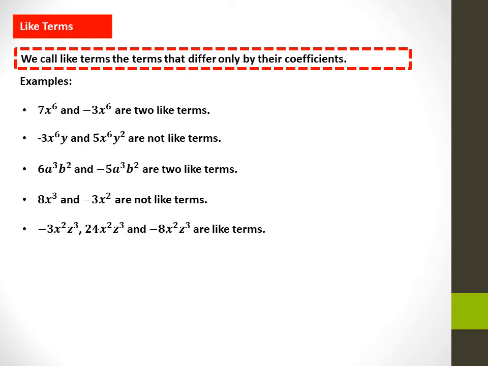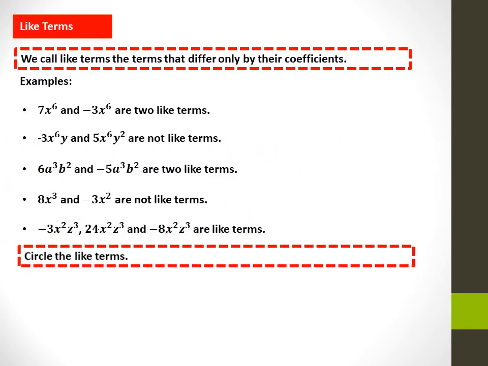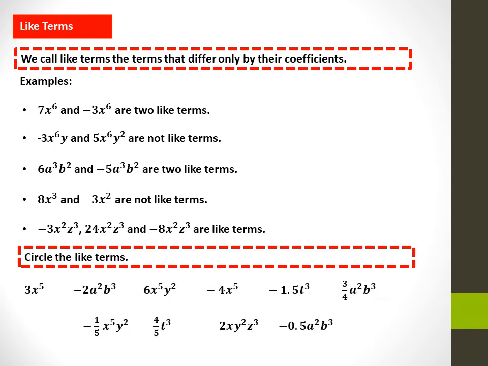Negative 3x to the power of 2 z to the power of 3, 24x to the power of 2 z to the power of 3, and negative 8x to the power of 2 z to the power of 3 are like terms. Circle the like terms. 3x to the power of 5 and negative 4x to the power of 5 are like terms.